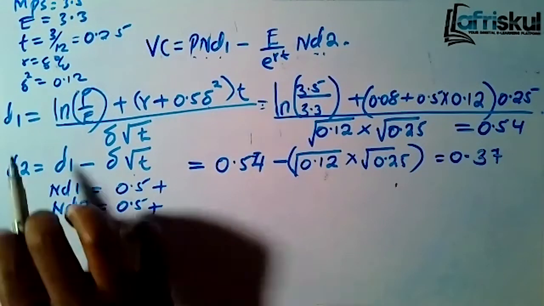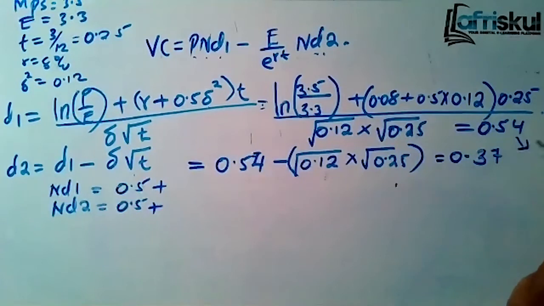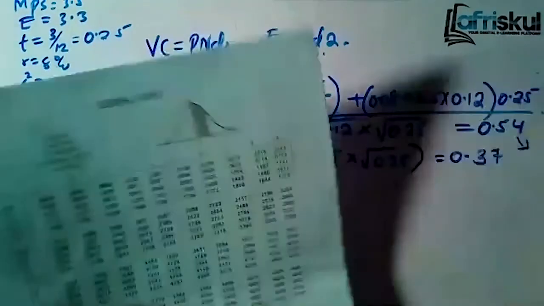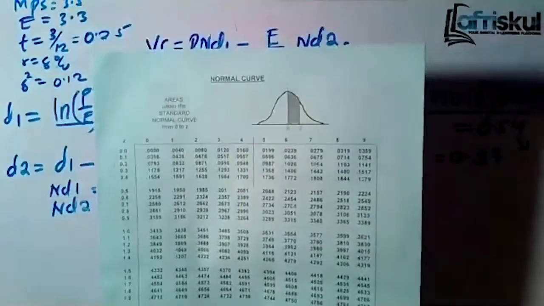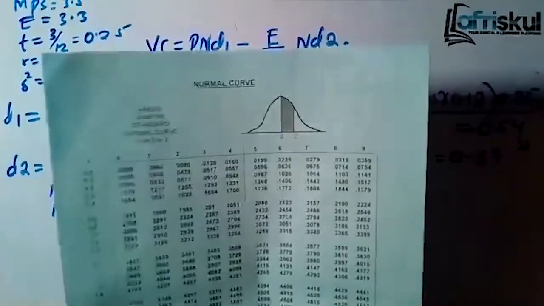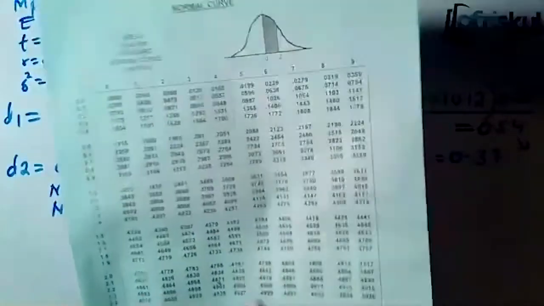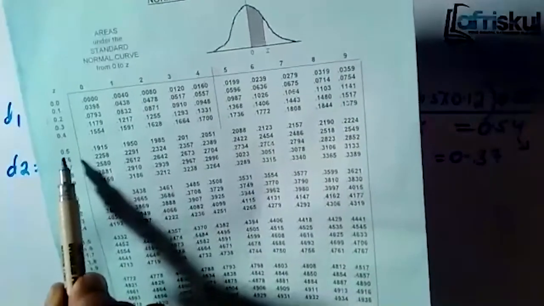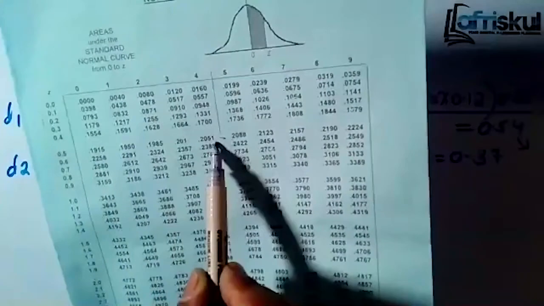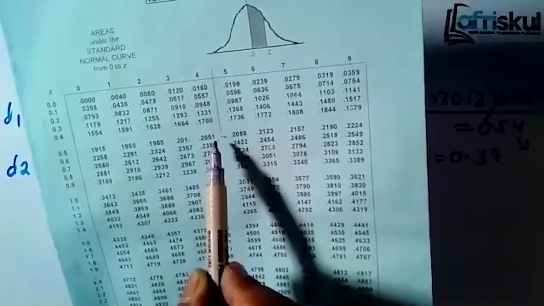Now, let's go back to d1. How much was d1? It was 0.54. How do we get the normal distribution? We have this table, which is just the normal curve. If you want to get 0.54, I read 0.5, you go to 4, which is 0.2051.